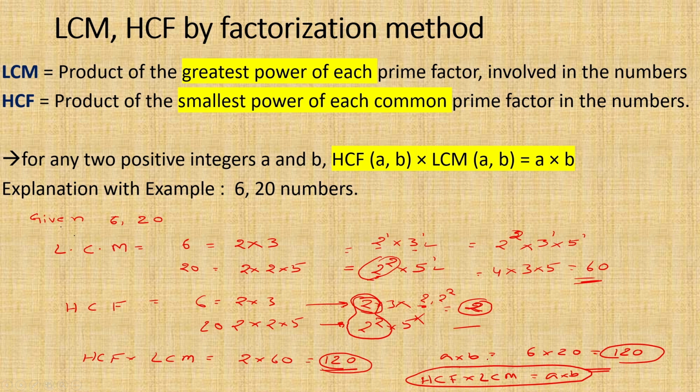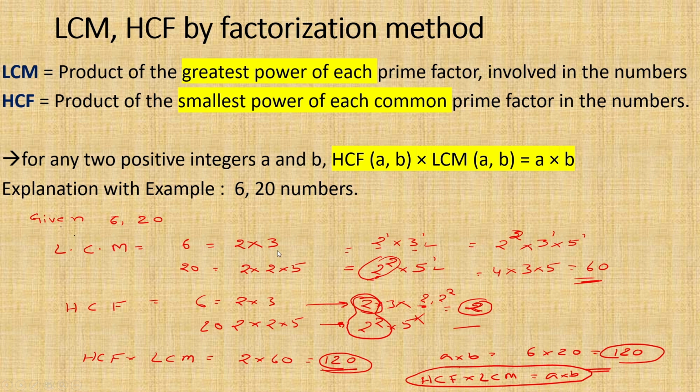Okay. So this is LCM and HCF by the factorization method. LCM is the product of the greatest power of each prime factor. Always remember this, it is very important. That means we need to take each factor, and if any factor is common in both numbers, we take the greatest power of that common factor.